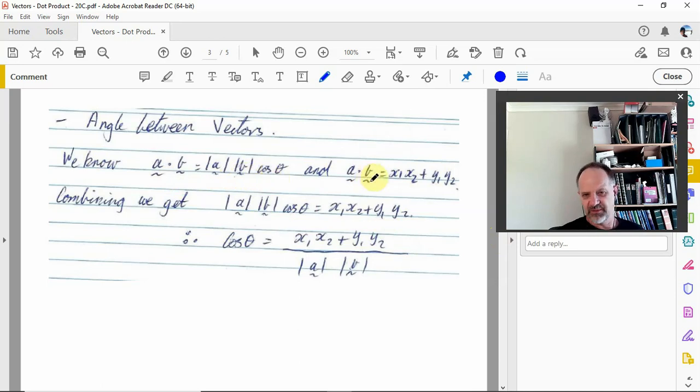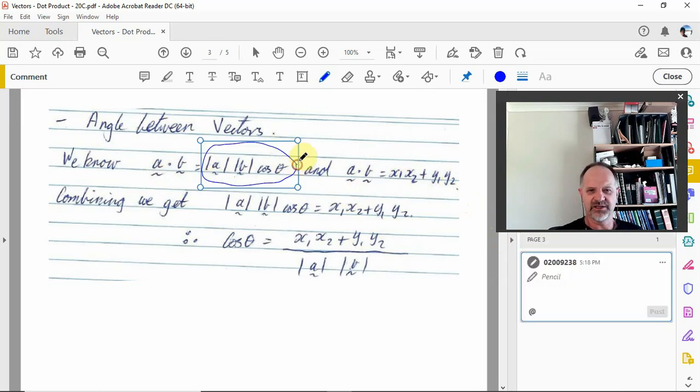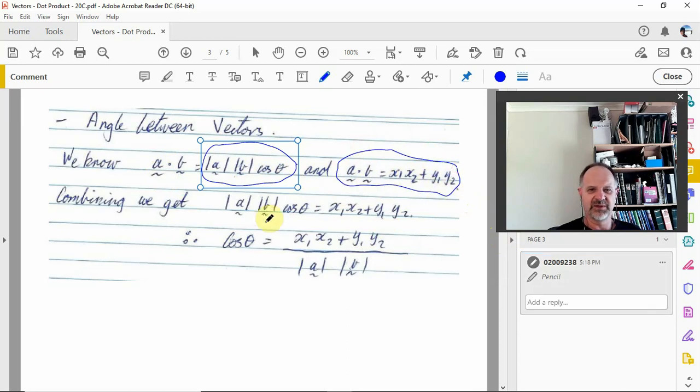And also, the algebraic form, we know that A dot B is x1 x2 plus y1 y2. So if they're both the dot product, then these two expressions must be equal to each other, and so that's what I've got there. And so now if we just divide both sides by the magnitude of A and the magnitude of B, you get your angle.